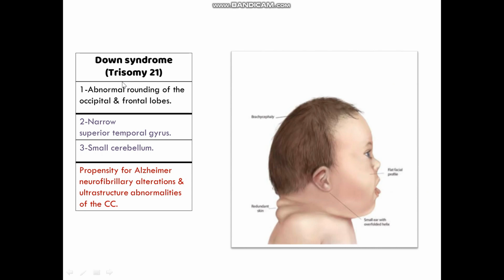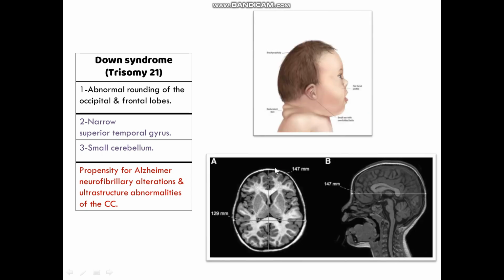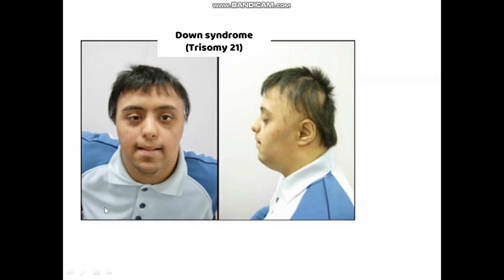In Down syndrome, there is abnormal rounding of the occipital and frontal lobes, as we can see, and also narrow superior temporal gyrus and small cerebellum. This person later on will show propensity for Alzheimer's, neurofibrillary alterations, and ultrastructure abnormalities of the cerebral cortex.